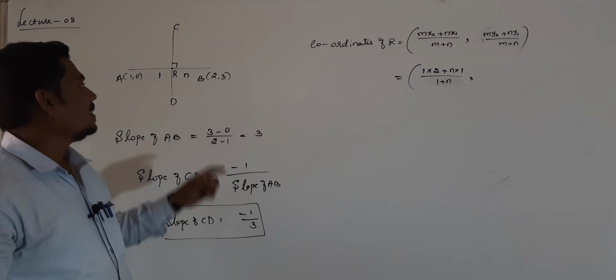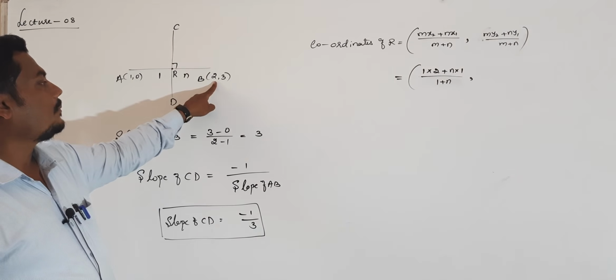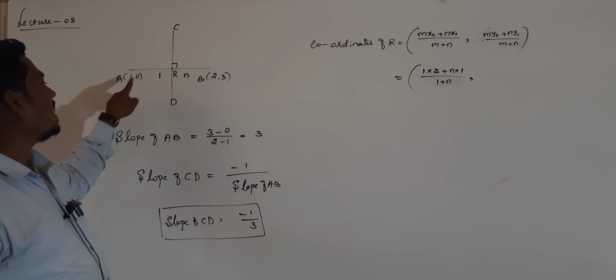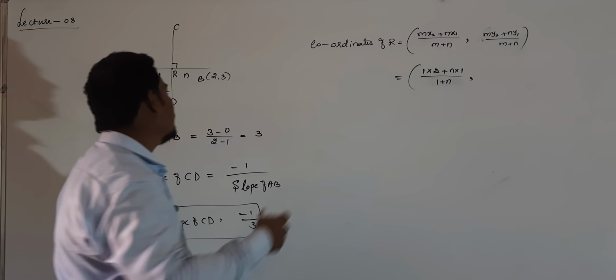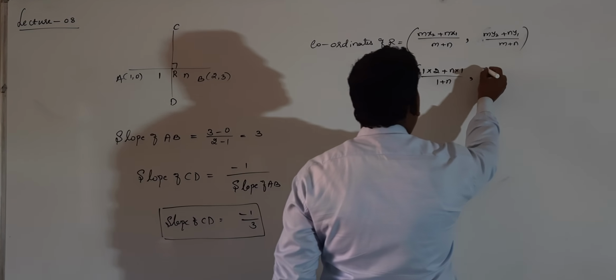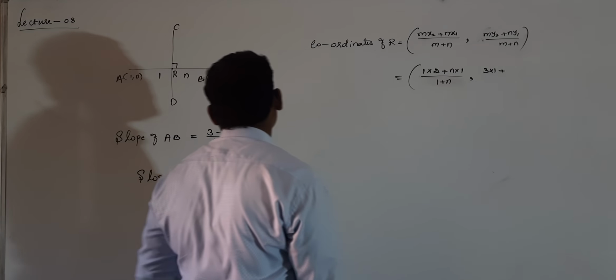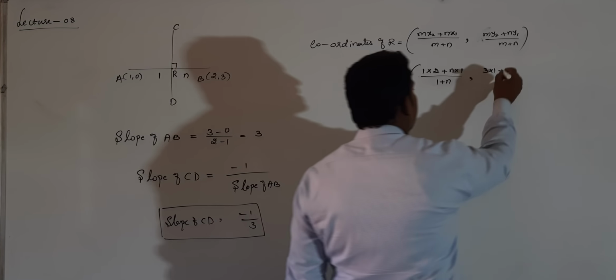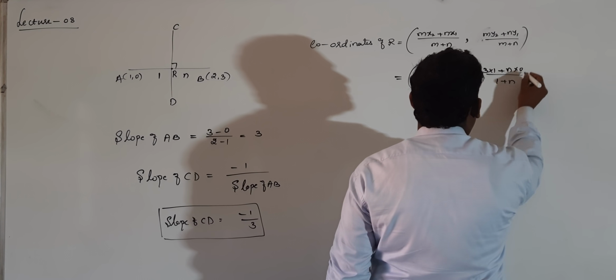mx2 means 1 into 2, plus nx1, n into 1 is n. Similarly, for the y coordinate my2, that is 3 into 1, plus ny1, what is y1? Clearly 0, n into 0, whole thing divided by 1 plus n.